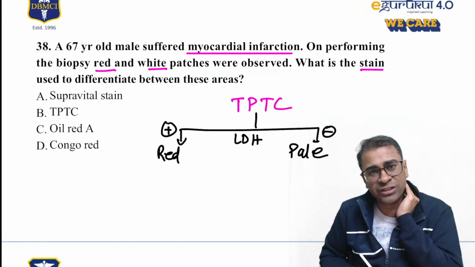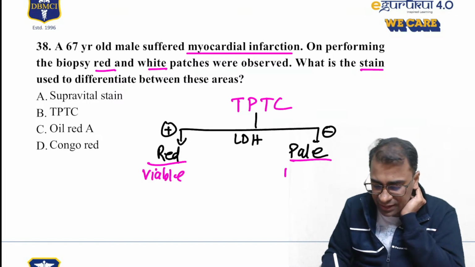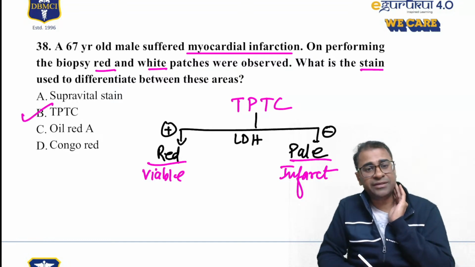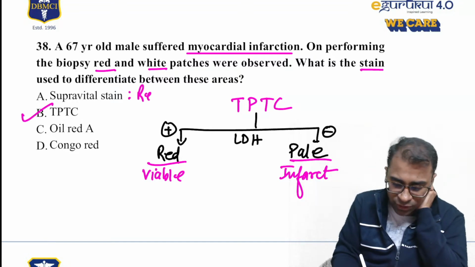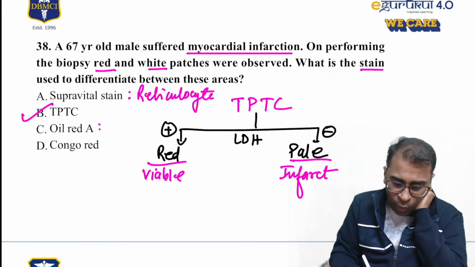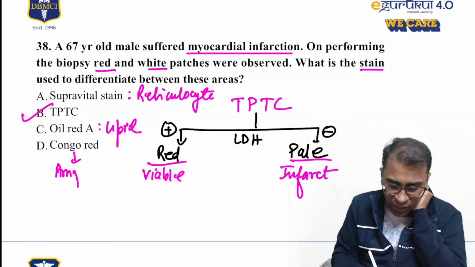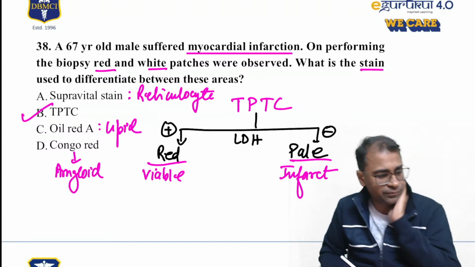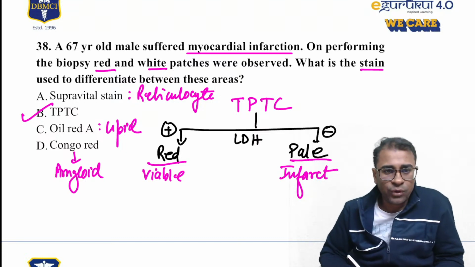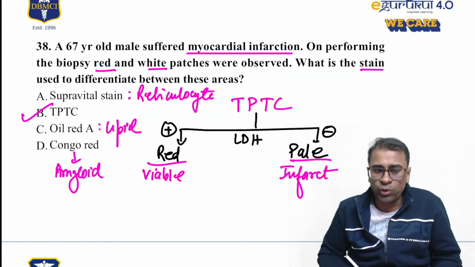Now the question is, which is red color? It's a viable area, and this area is an infarct area. Okay, the answer is TTC. What is used to stain reticulocytes? Supravital staining. Oil red for lipids, and Congo red is often used for staining amyloidosis. Okay, TTC, triphenyl tetrazolium chloride.